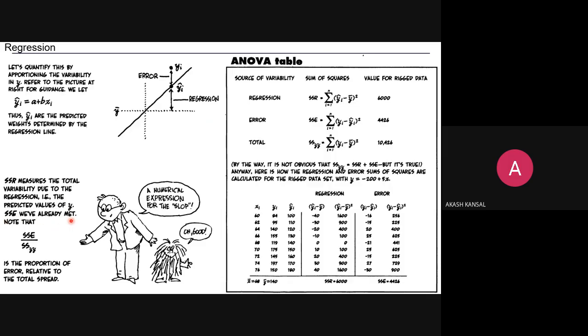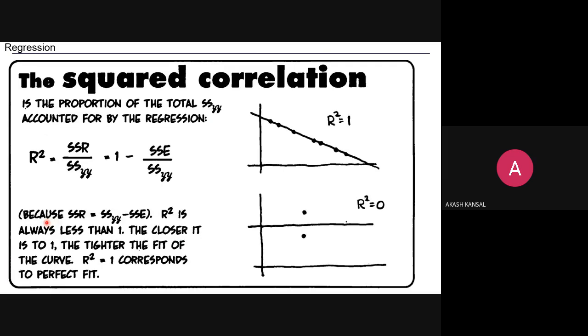Now, SSR should be taken relative to something. So this SSR divided by SYY, the sum of (yi minus y bar) squared, is a very important proportion, called the squared correlation.